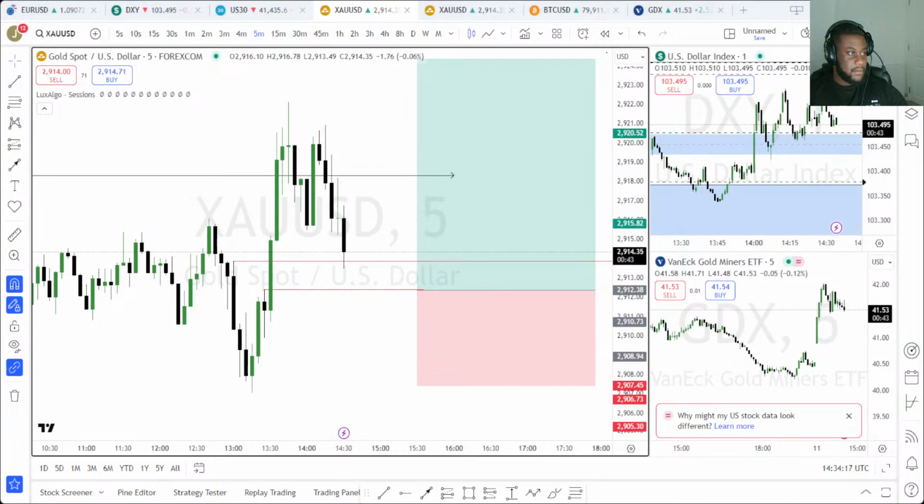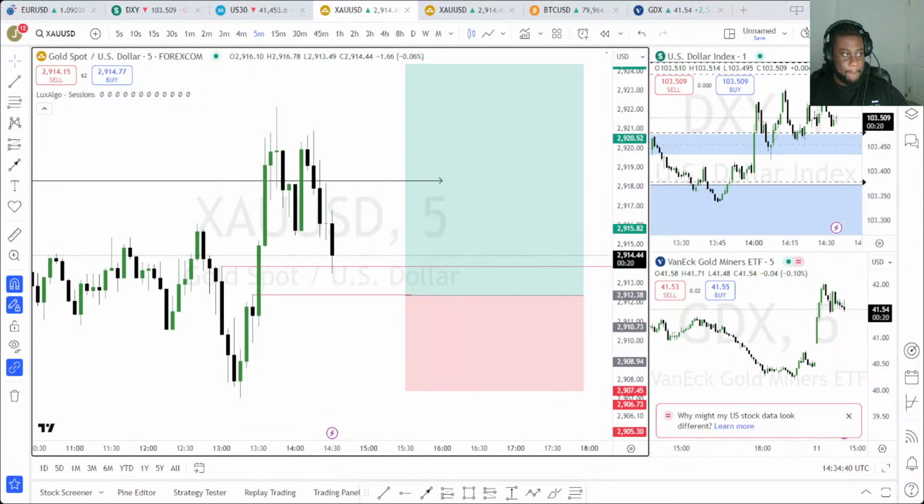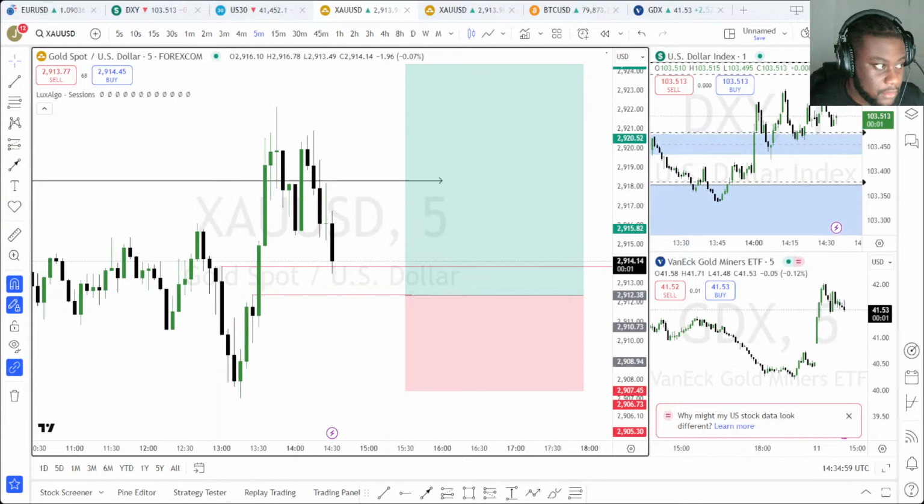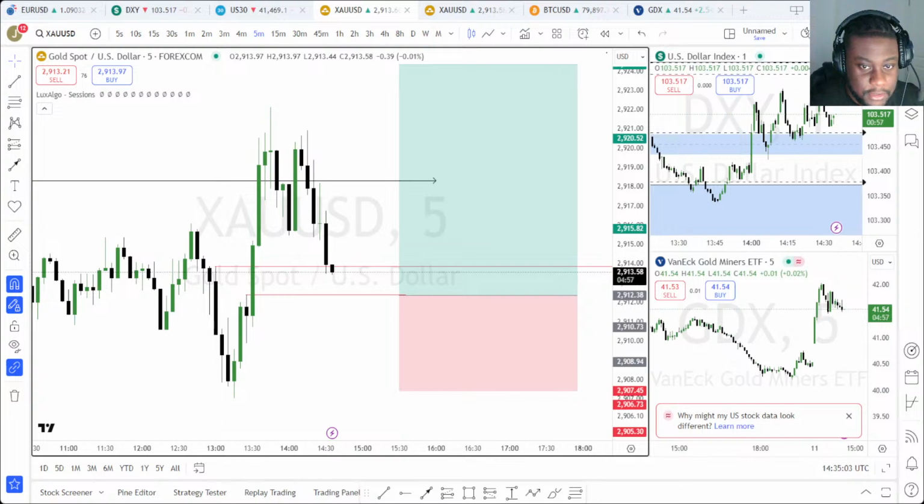What is this? EU gold. What's the stop? I'm just setting a little limit order right now, guys.